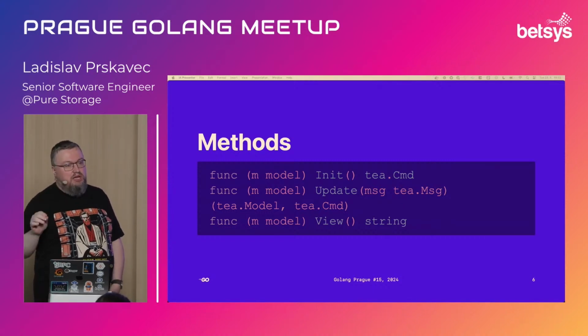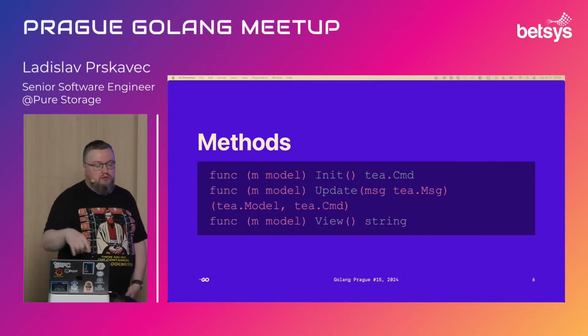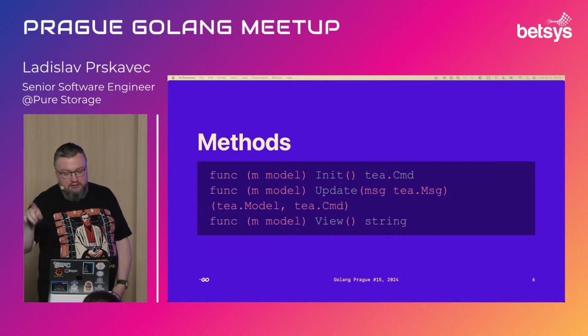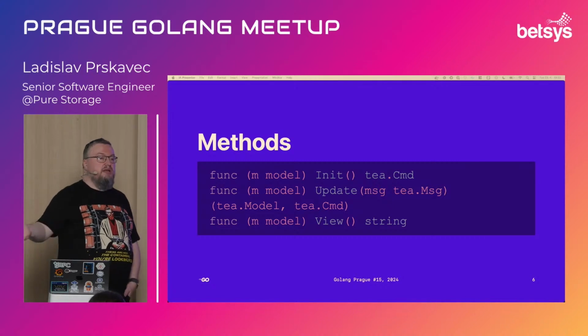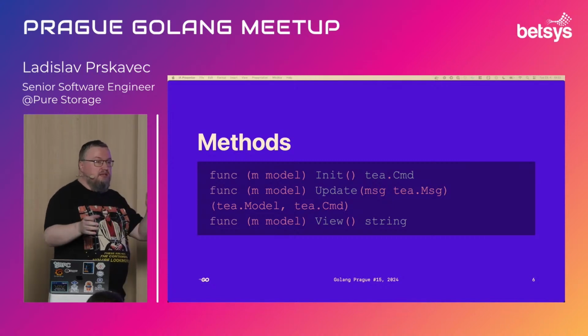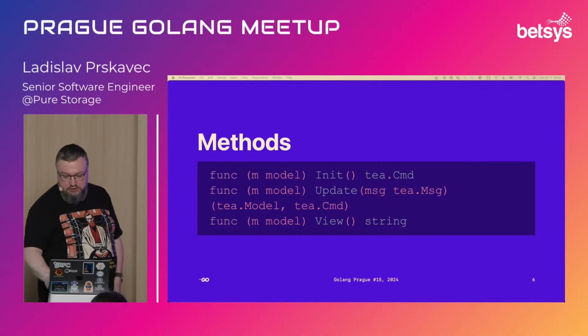That's how we communicate with the model, and that is used for reading IO, your keystrokes, and other things. And the last is View, which is usually a method that just returns a string, and the string is displayed on your terminal.